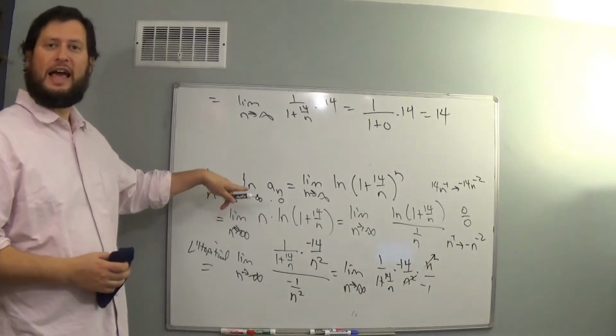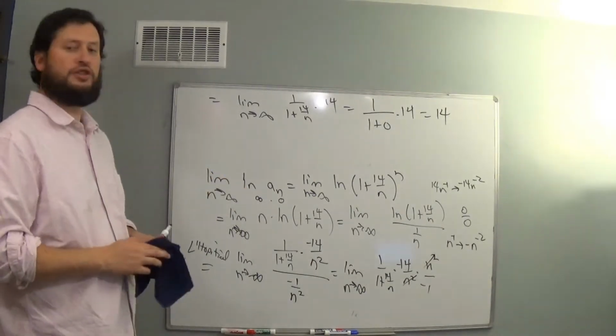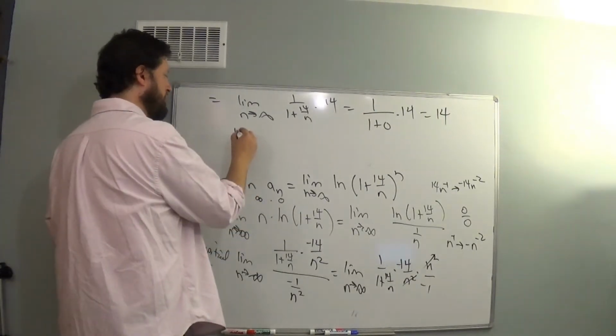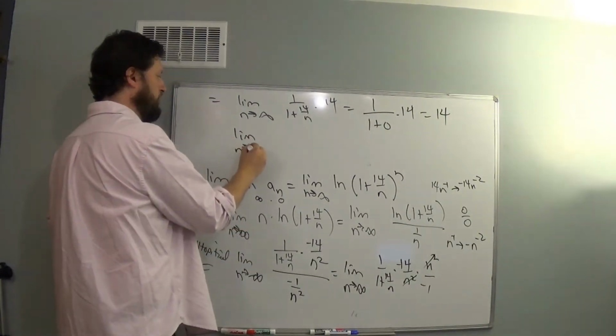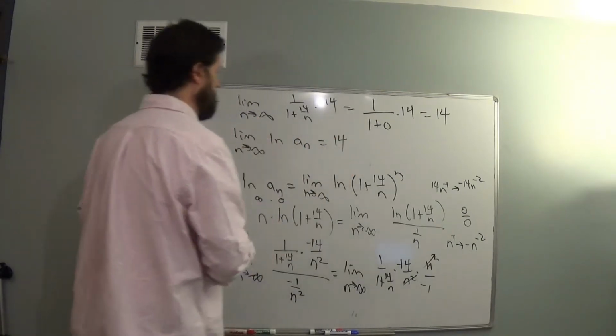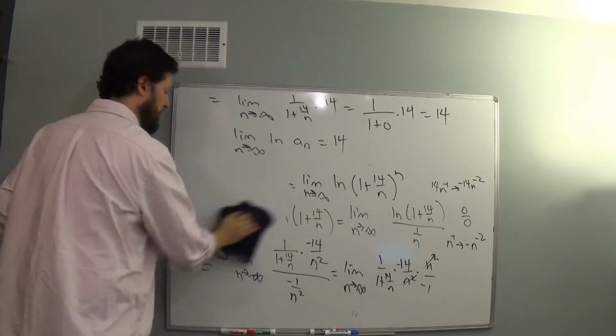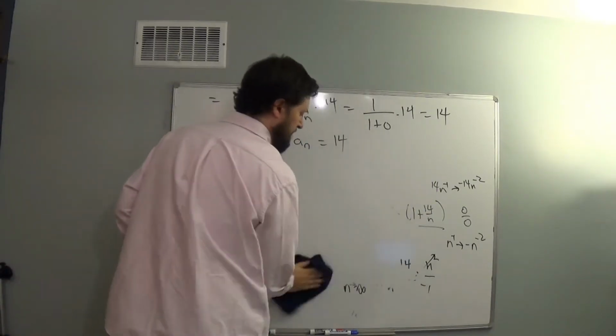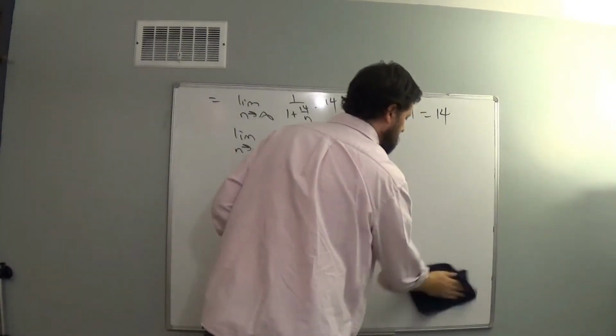Remember that we stuck that natural log in there as a trick in order to get the n out of the exponent. So what we have actually discovered is that the limit as n goes to infinity of the natural log of a_n is 14. That's where we are. All that work has gotten us that far. We have to go one more step to finish the problem.